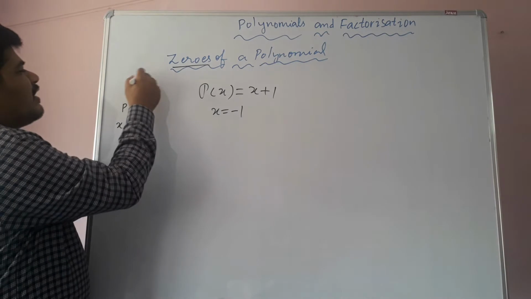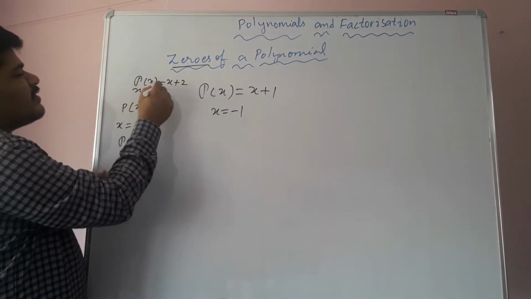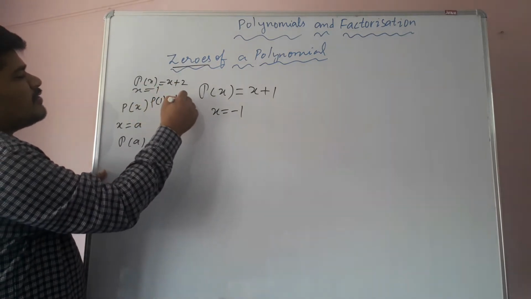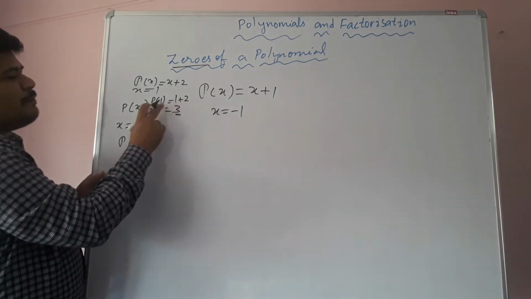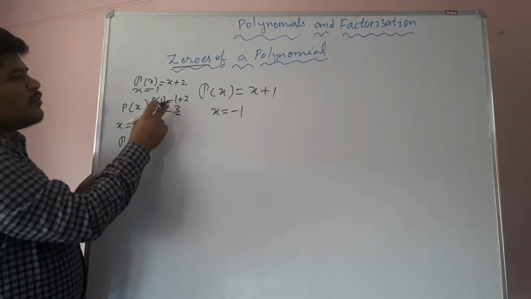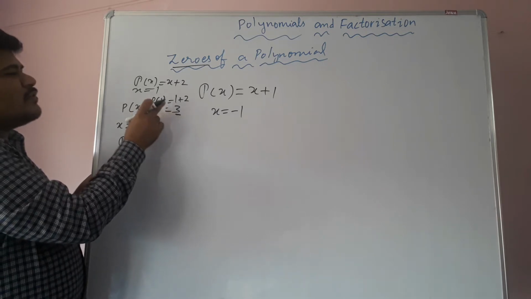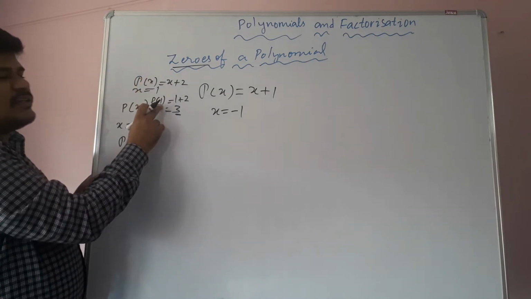Suppose p of x is equal to x plus 2, and I am taking x is equal to 1. It can be written as p of 1 is equal to 1 plus 2, which gives you 3. So p of 1 value is 3. So 3 is the value of p of x at x is equal to 1.